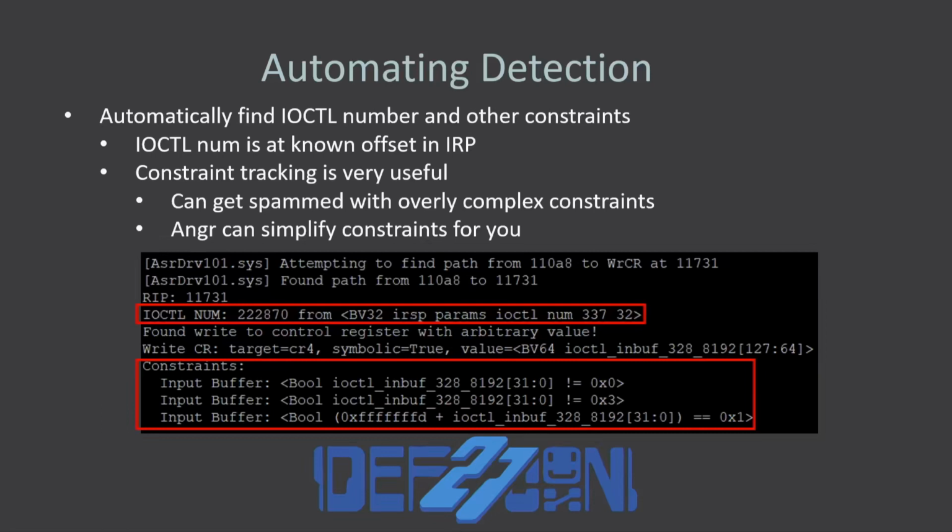These 3 constraints at the bottom basically simplify to: the value at the first DWORD in the input buffer needs to be 4, and then the second, third and fourth DWORDs are the value that's written to this CR4 register. So we can actually find a lot of information automatically.